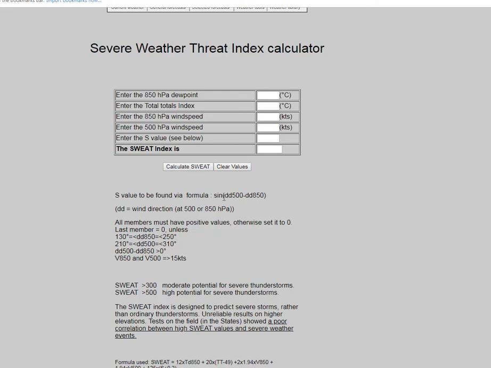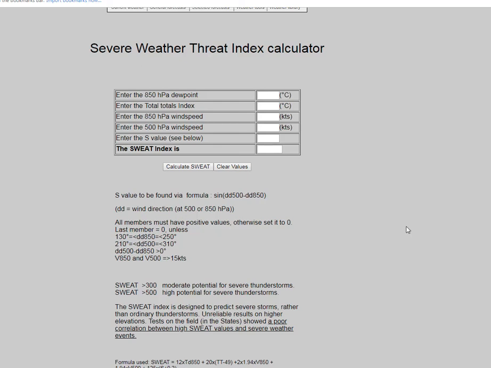That'll give you degrees of change, right? Kind of like what we were doing when we were determining storm relative helicity. So you'll find that degree difference, that angle between the wind vector at 500 and at 850. Then you'll take the sine of that number, okay? And then you'll enter that, that's your S value, which will go right here, all right? And then the rest are self-explanatory, okay? And you'll calculate SWEAT. That'll give you a value.